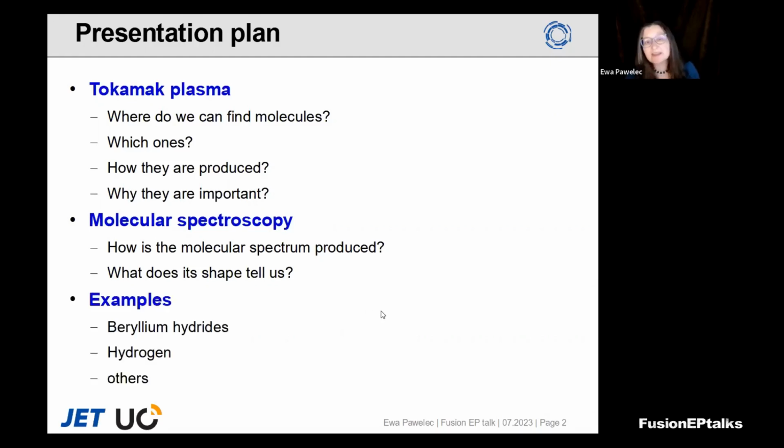And examples are from the most popular things in JET. So beryllium hydrides, hydrogen molecules, and in this case, nitrogen hydride as well.